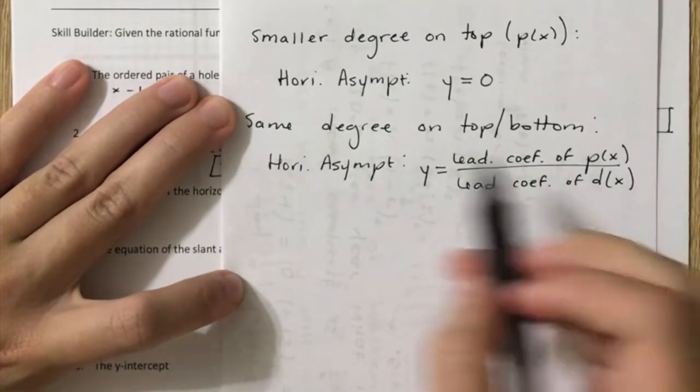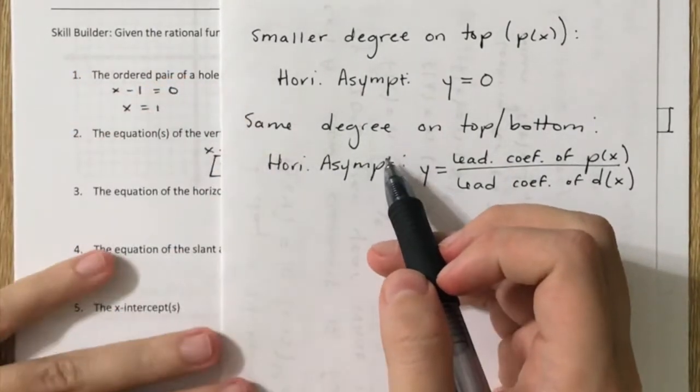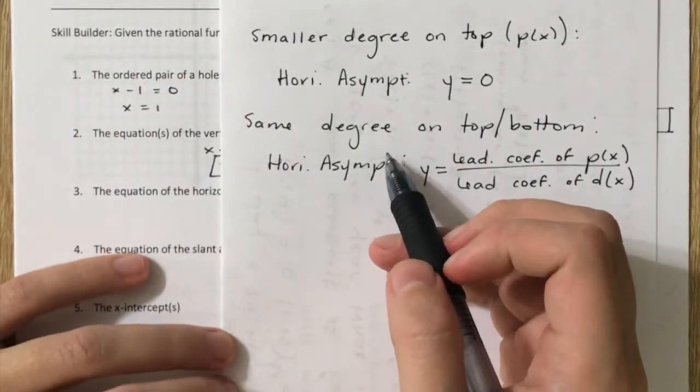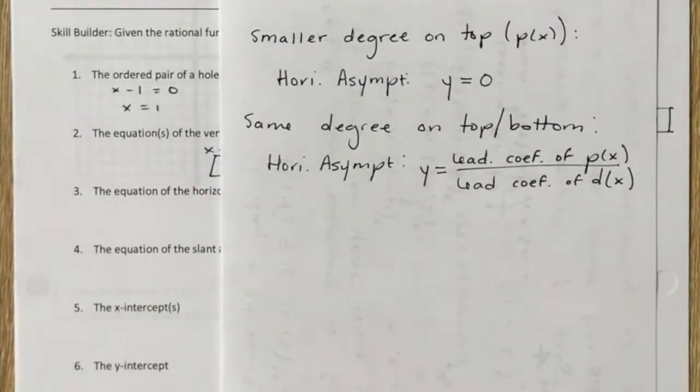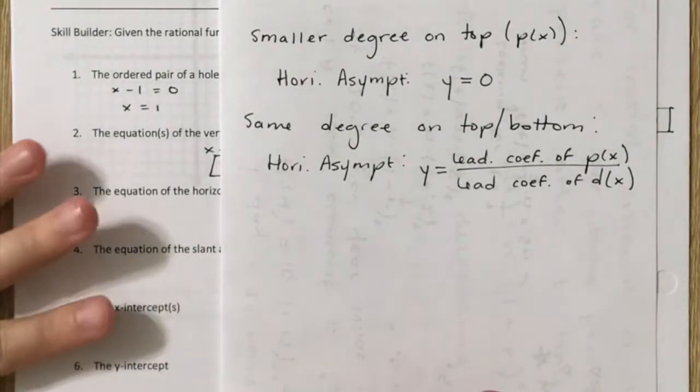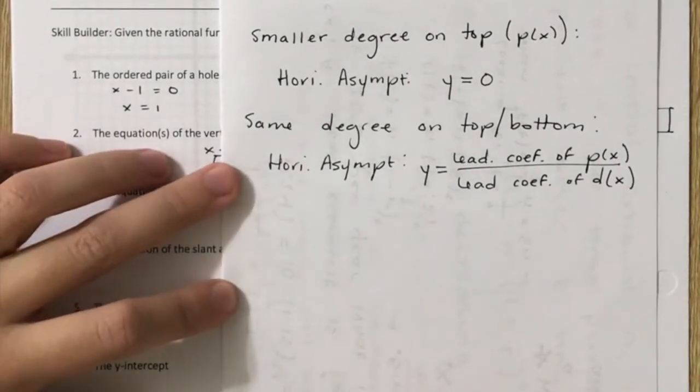Right, because if we have the same degree, when we do that long division of polynomials, we would divide the first term by first term. They would have the same degree, so the x terms would cancel, and we'd just be left with the leading coefficients. So we would divide them, we'd get a constant term, and that's what we would have.